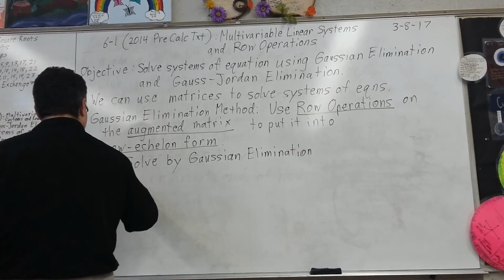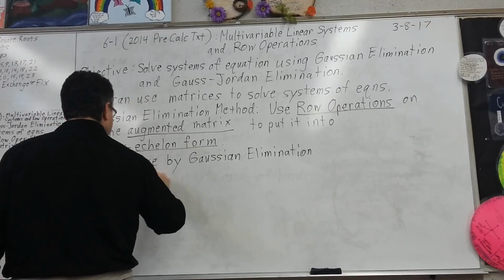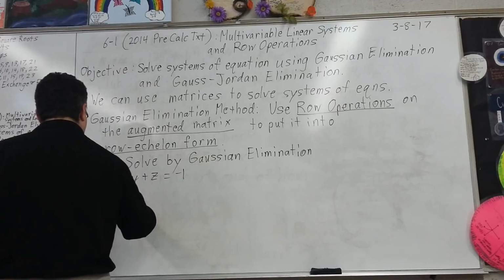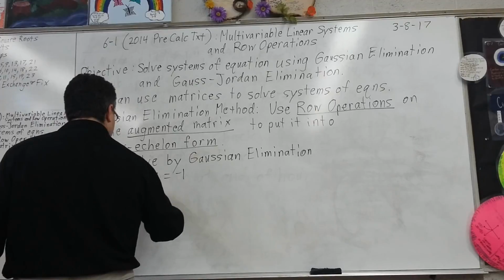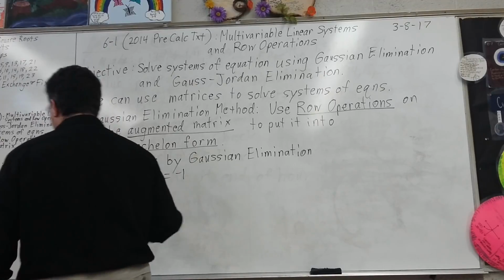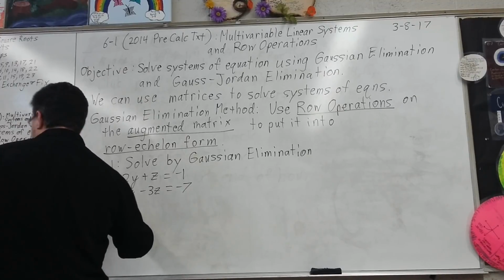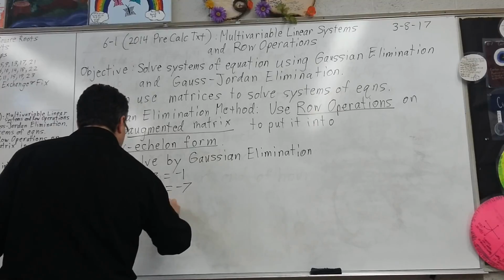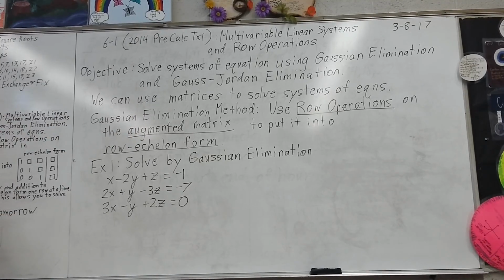And here is the system: x minus 2y plus z equals -1, and 2x plus y minus 3z equals -7, and 3x minus y plus 2z equals 0. That is our system of equations.